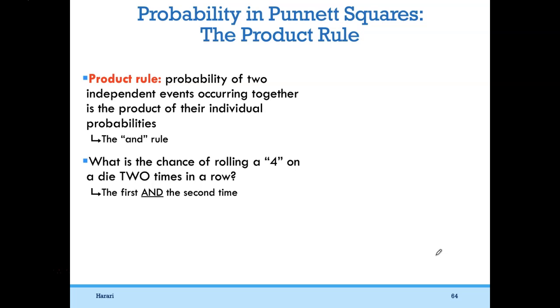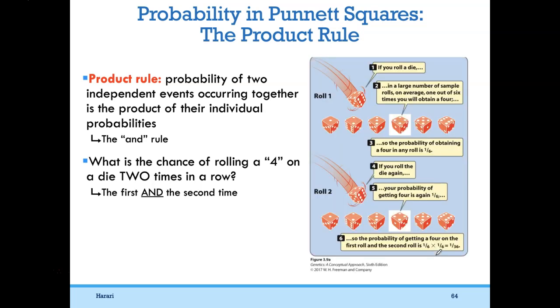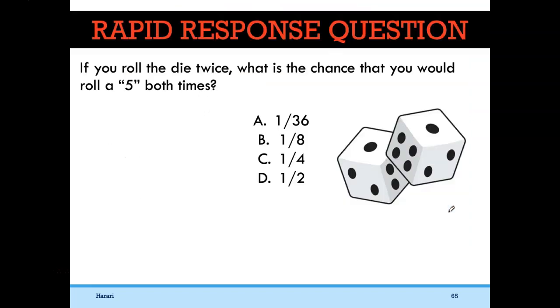So the question asks, what is the chance of rolling a 4 on a die 2 times in a row? Meaning you get it on your first roll and on your second roll. So that would be 1/6 times 1/6. So the probability of getting a 4 on the first roll and the second roll would be 1 out of 36. All right, so that's the product rule.